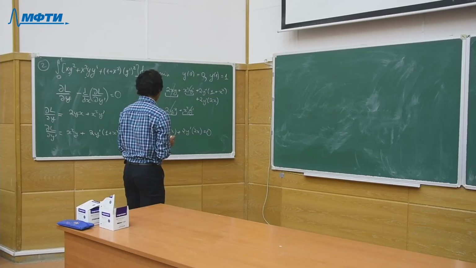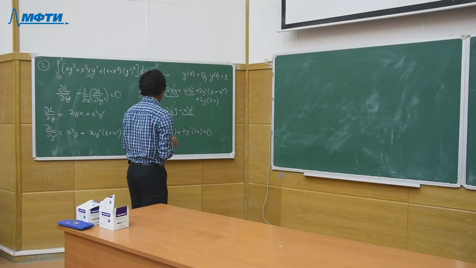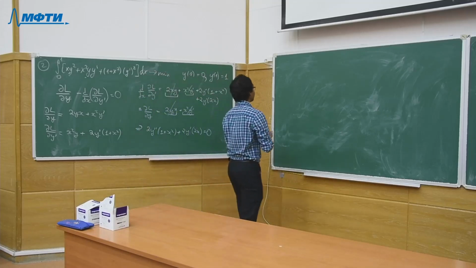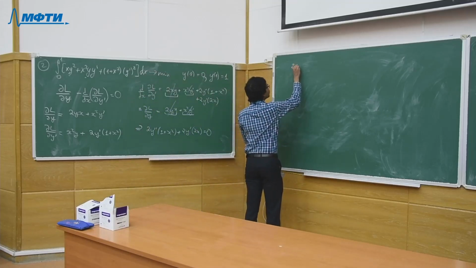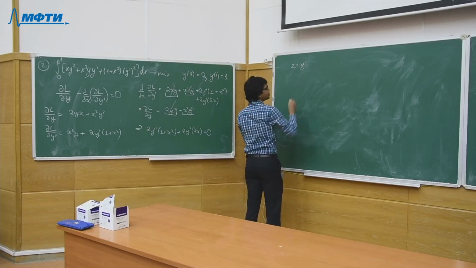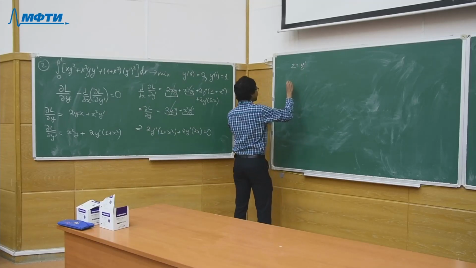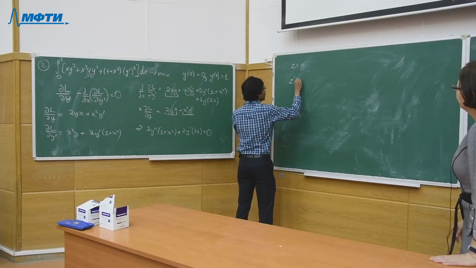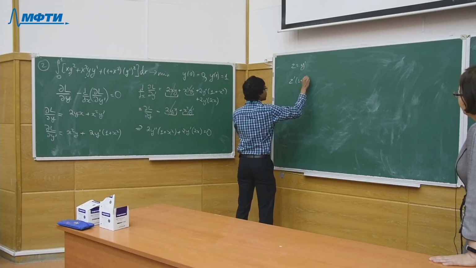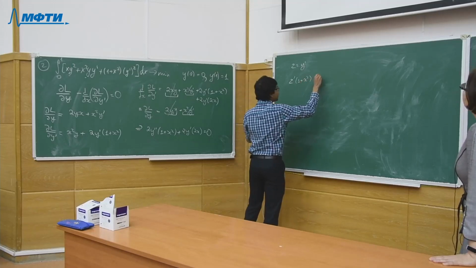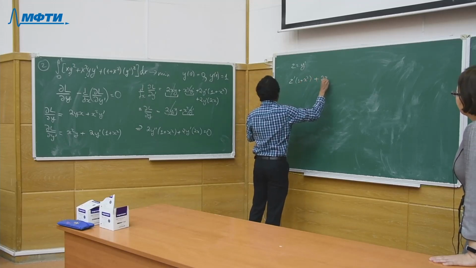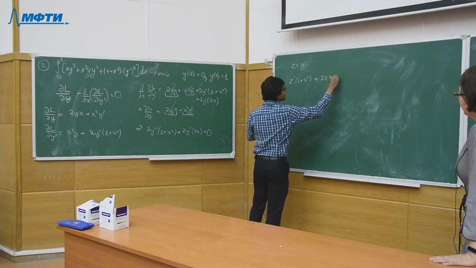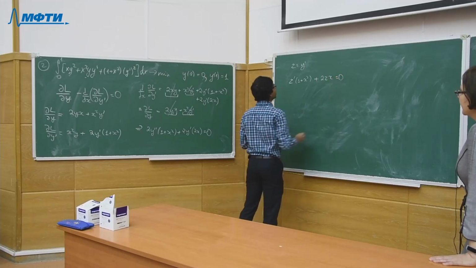So we may introduce the new function z, let z be y prime. So this can be written as z prime times 1 plus x squared plus 2xz is equal to 0.